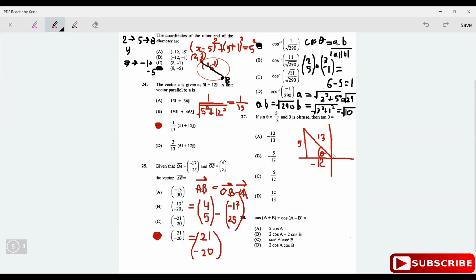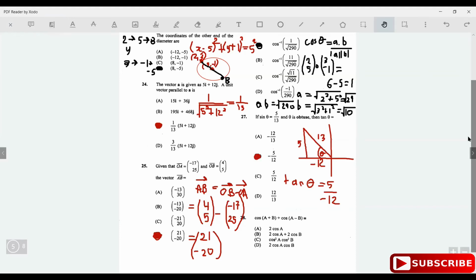Why is it minus 12? We're in the negative x in the second quadrant. And so tan theta is equal to opposite 5 over adjacent negative 12. So that's how we get B.